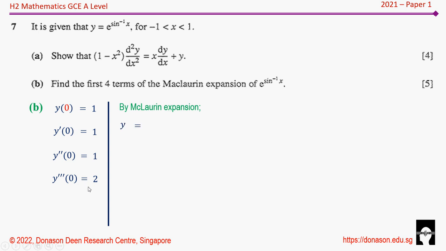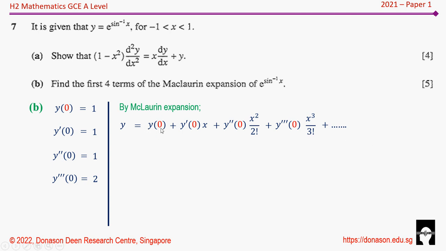By Maclaurin's expansion we know that y is equal to y(0) plus y'(0) x plus y''(0) x squared over 2 factorial, plus y'''(0) x cubed over 3 factorial plus y⁗(0) x to the 4 over 4 factorial, and so on and so forth. It will keep going on and on, but I'm just stopping it at the x cubed term because the question only says give me the first 4 terms, right? 1, 2, 3, 4 terms, so we can stop it at that.